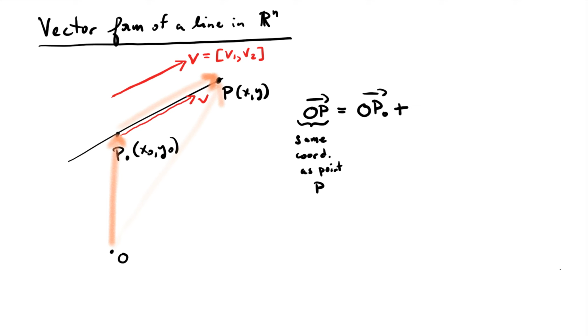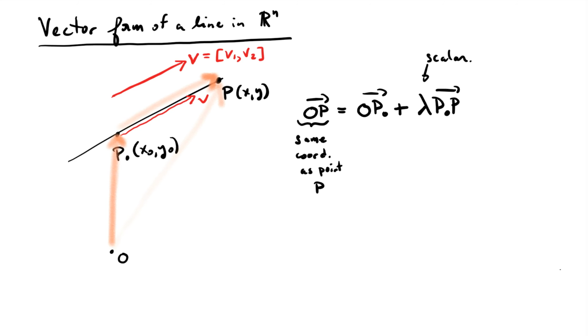And then I'm going to need to add a multiple of the vector V. Lambda is a scalar here. It's a multiple that multiplies my vector. So of course, for the right lambda, I'm going to be able to get to P. If you give me some point P that's part of the line, I could tell you what the lambda is exactly.